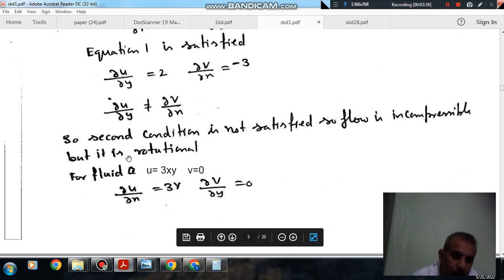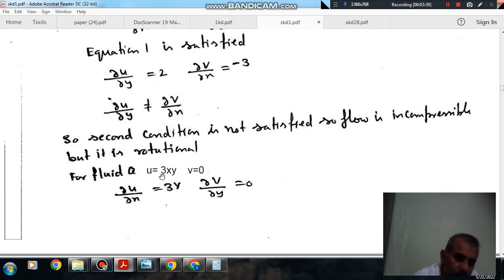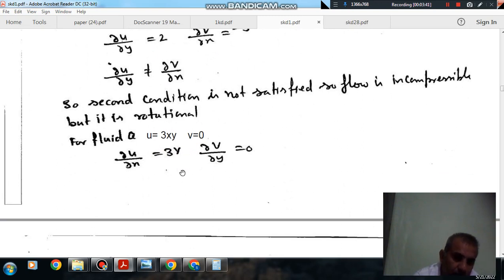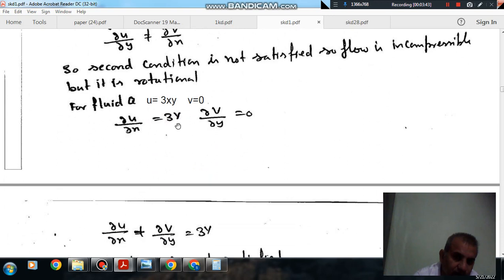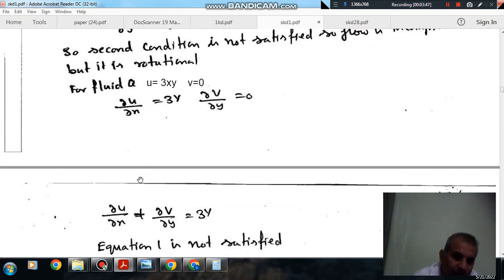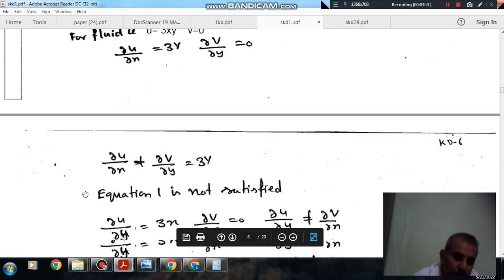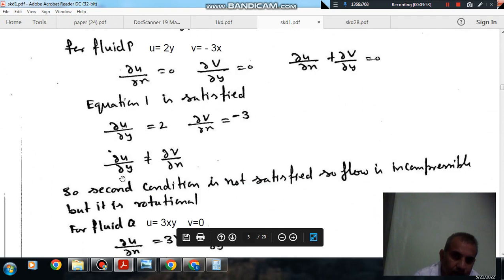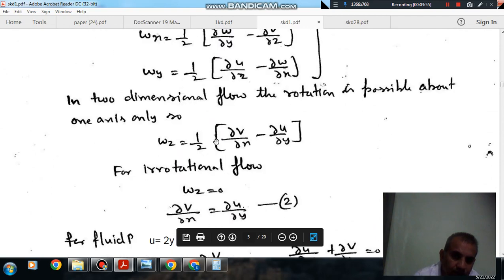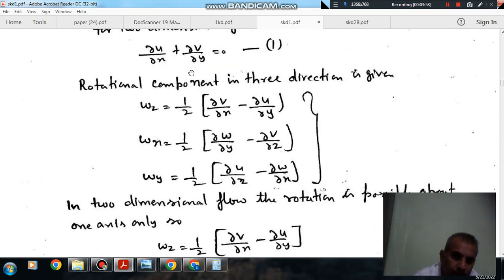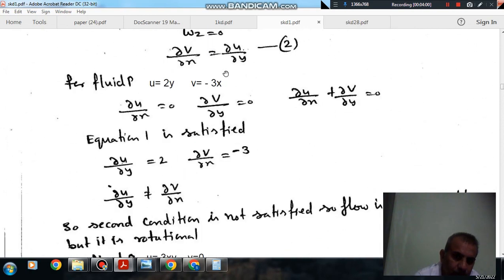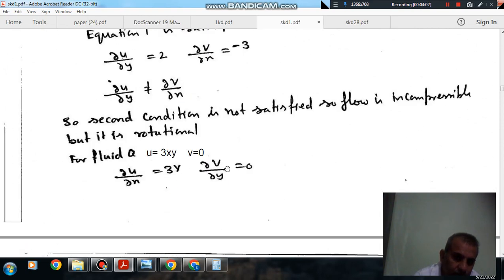Okay, so now the second fluid is Q, and for this u is 3xy and v is 0. So ∂u/∂x is 3y, and ∂v/∂y is 0. So the sum is 3y, so equation 1 is not satisfied, because this is 3y and this is 0.